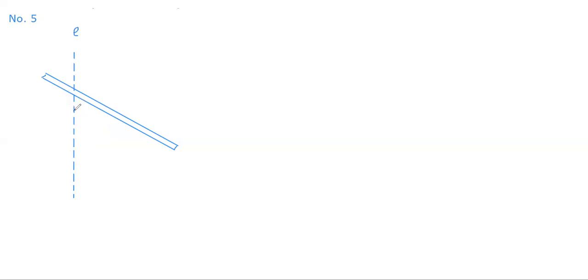This is the angle of rotation. Somewhere here we have the gravity force, mg.